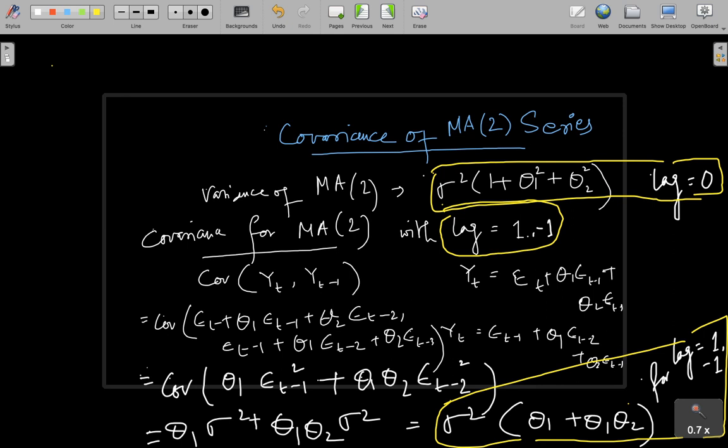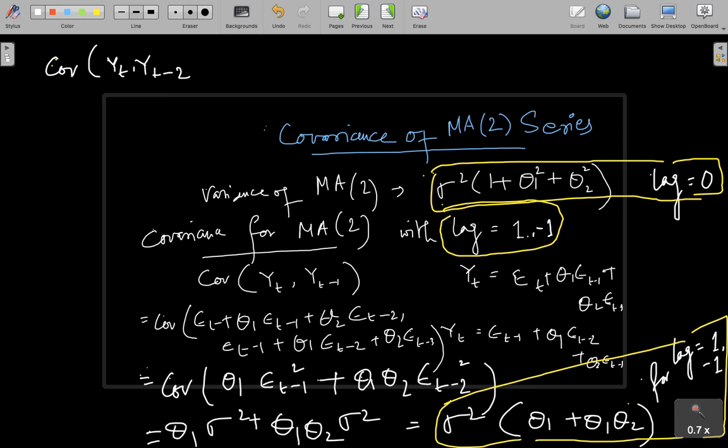So if I increase the lag, I'll take lag 2. Basically I will take cov of yt and yt minus 2.